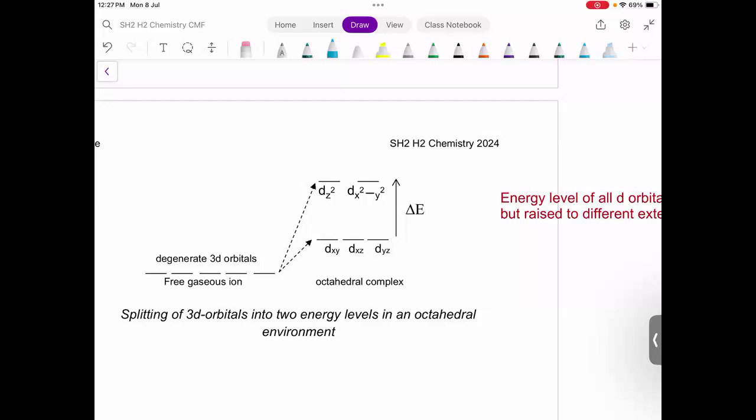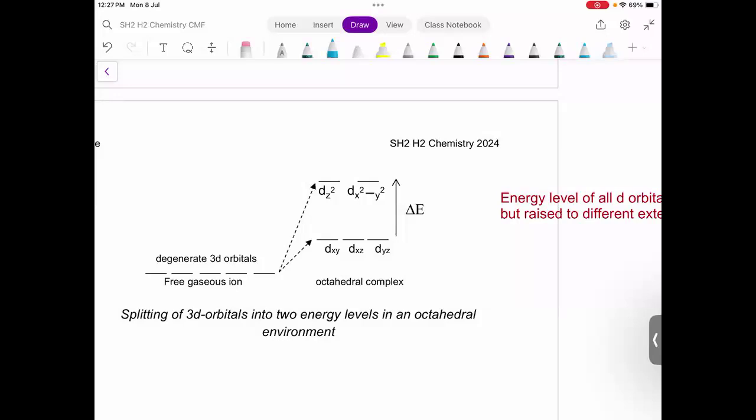Appreciate that all of them will be raised in energy level, but to a different extent, simply because two of the orbitals have a head-on interaction, while the other three have a so-called side-on interaction. It will result in a gap in the energy level between these two groups of d orbitals.